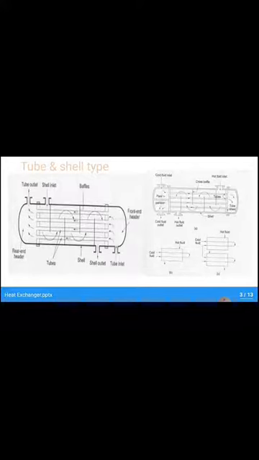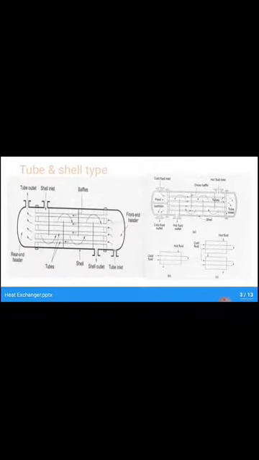Now there are subtypes. The function is the same, but to increase the efficiency we provide different types of constructions. In the second figure, the cold fluid inlet is at the top left. Due to the partition, it doesn't go directly to the cold fluid outlet.